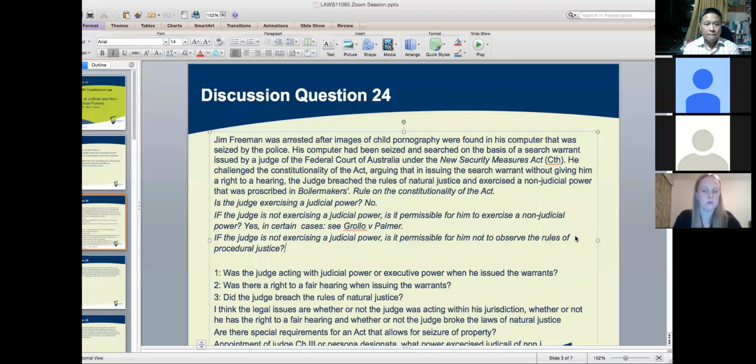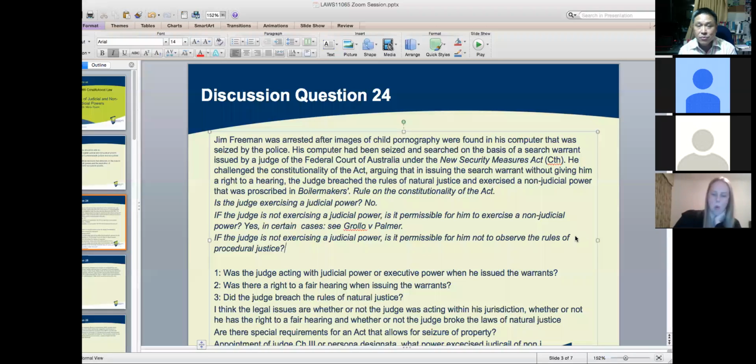In other words, is it a requirement that a non-Chapter 3 court or tribunal must always observe natural justice? When you speak of natural justice, there are at least two components. One is procedural justice, which is the right to be heard. The other component is that there must be impartiality and objectivity and a lack of discrimination on the part of the decision maker. So the question is, is there a requirement?